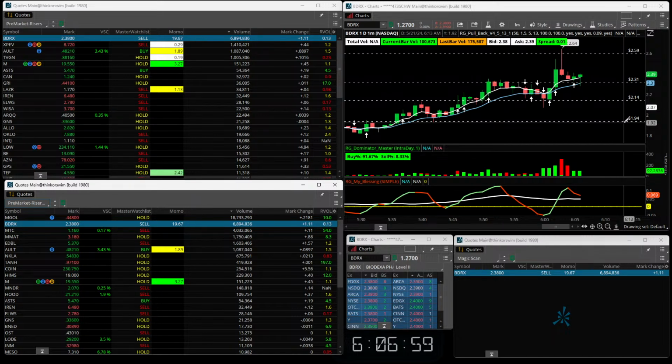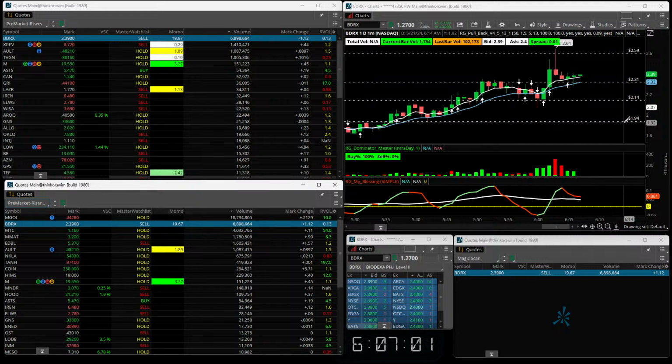Looks like we have a few buyers coming in. Two green dominator bars. They're kind of short. It might be just a slow crawl back up.